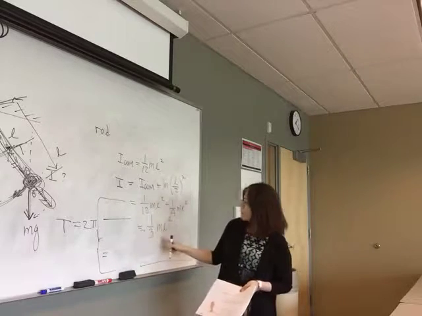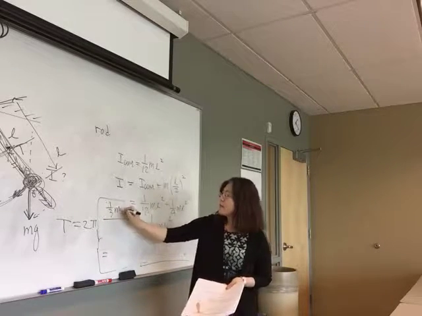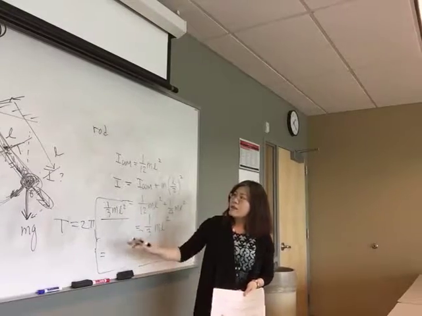So you have your I. We know that I is 1/3 m times the total length squared. And then your L here.